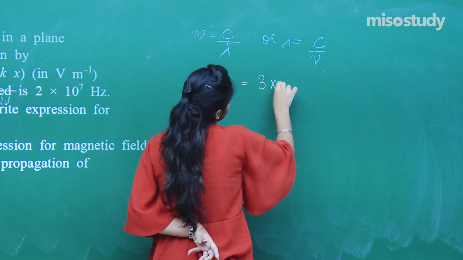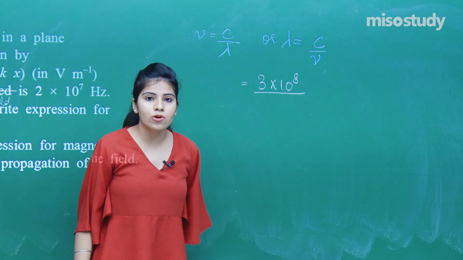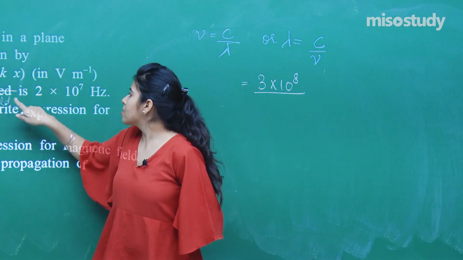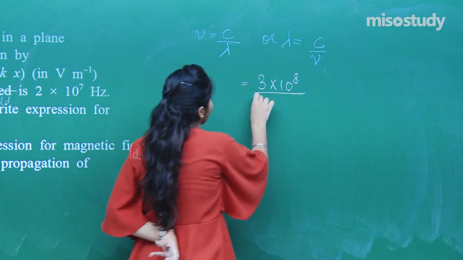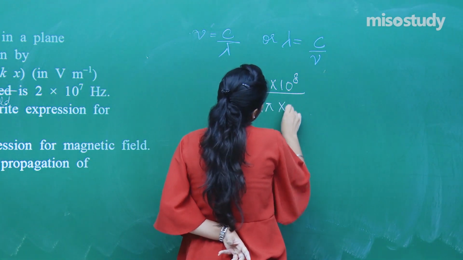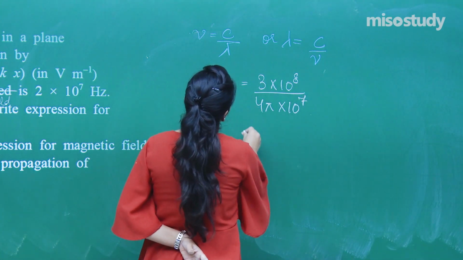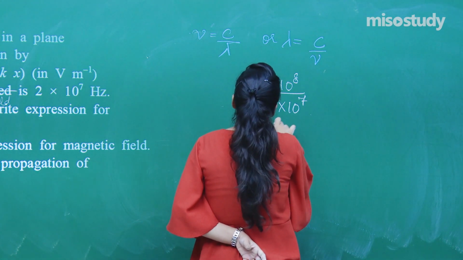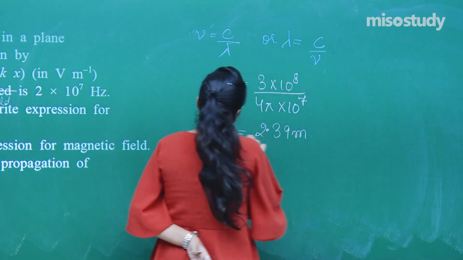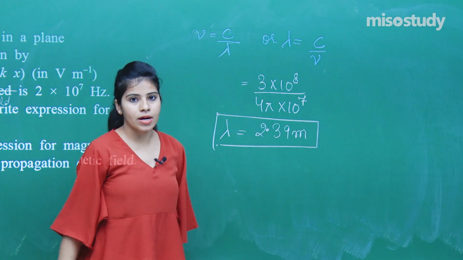So this is 3 into 10 raised to the power 8. Now you are going to put the value of frequency not as 2 into 10 raised to the power 7, but as the value which you have found just now, which is 4 pi into 10 raised to the power 7. So when you put this value, you will have the value of lambda as 2.39 meter. This is the value of lambda.